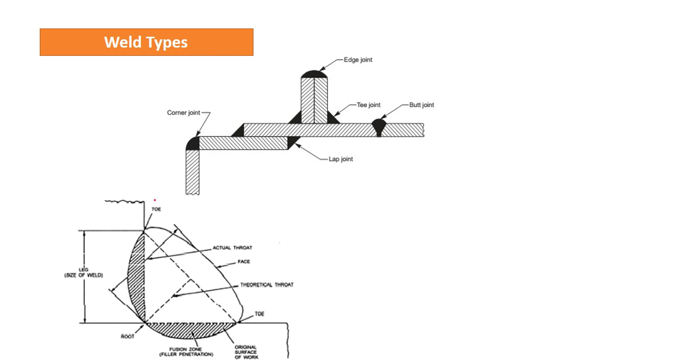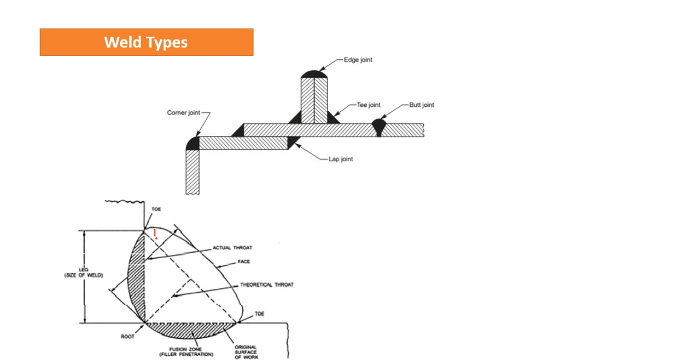This is fillet type weld. This workpiece is there, first and second, and this is exactly the weld. There are different terms here. This distance or length is called the size of weld or weld leg, and the minimum distance from the root of the weld is known as throat thickness.